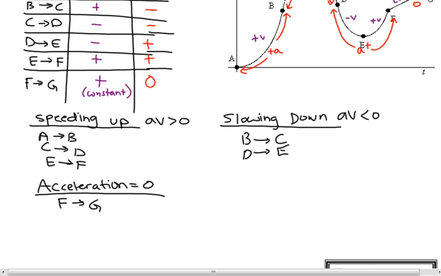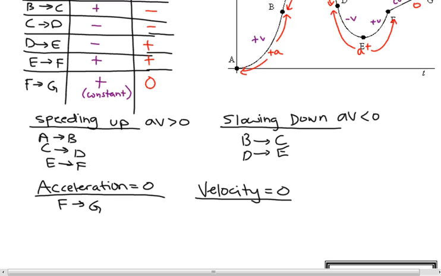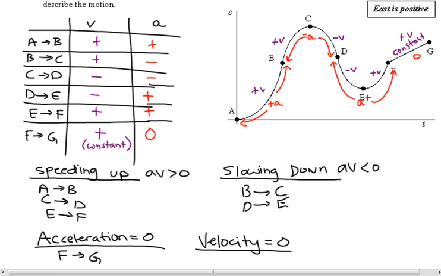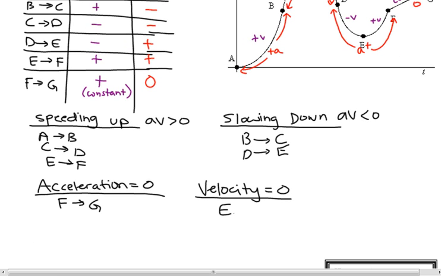And when is our velocity 0? When are our velocities equal to 0? So we have E and C. You can't really find the slope, we don't know for sure.